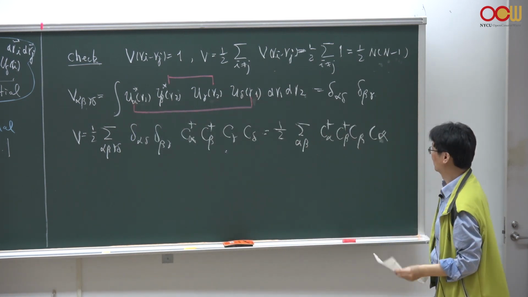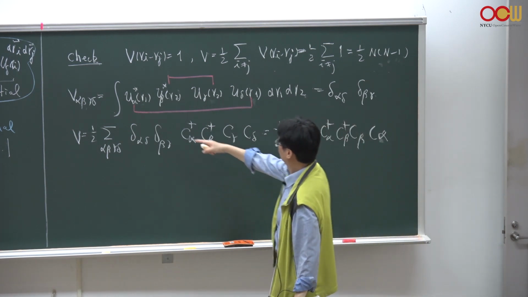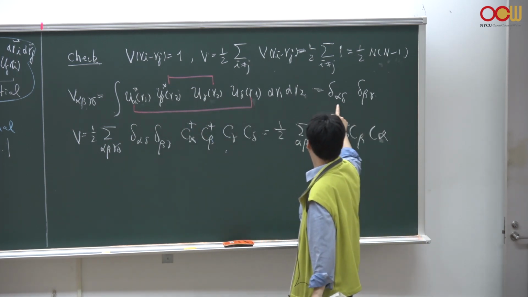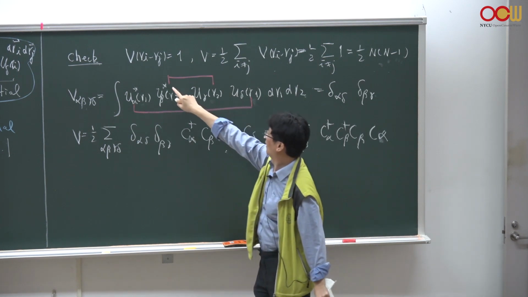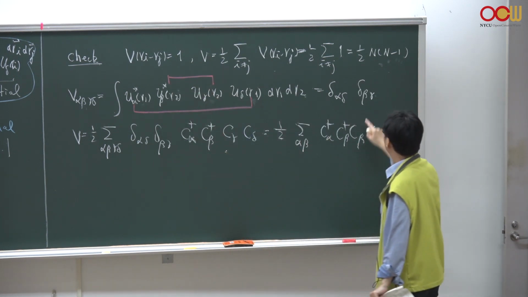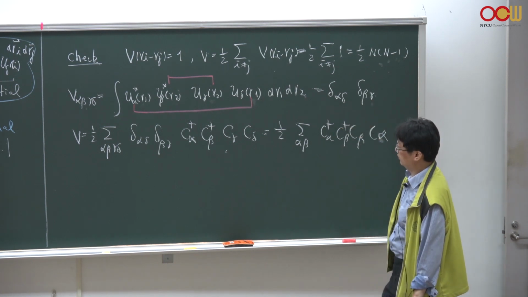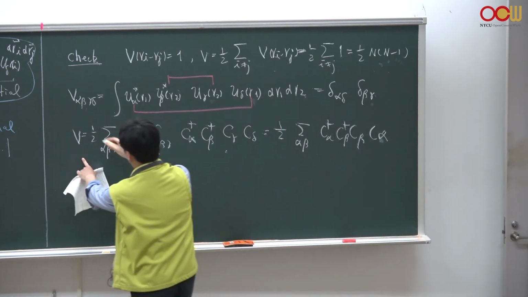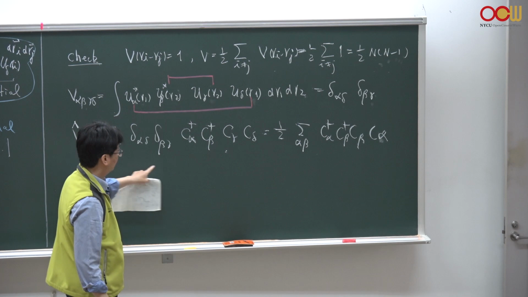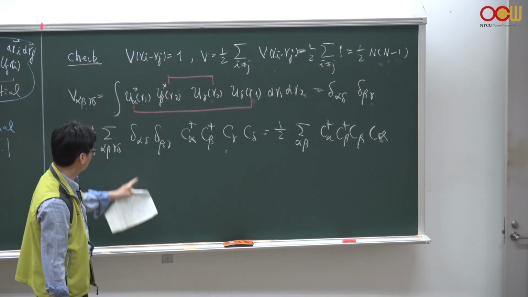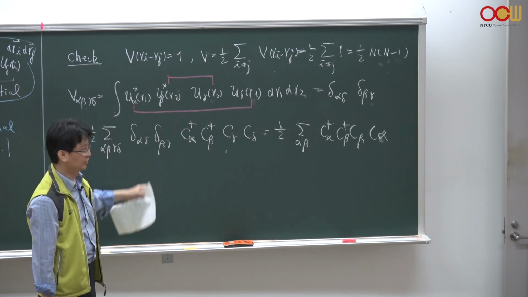Okay, so if you pair them up you get one delta, and if you pair up the middle two, you get another delta function. So now let's plug these two delta functions back into the operator form and see what happens. Okay, so this is what we need to do.